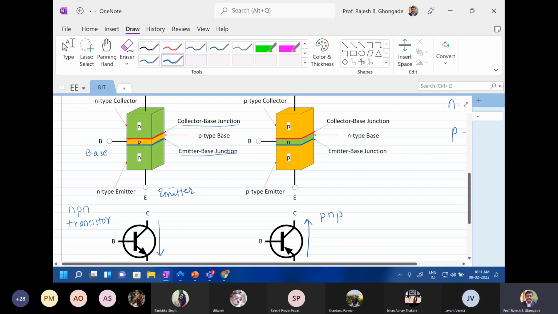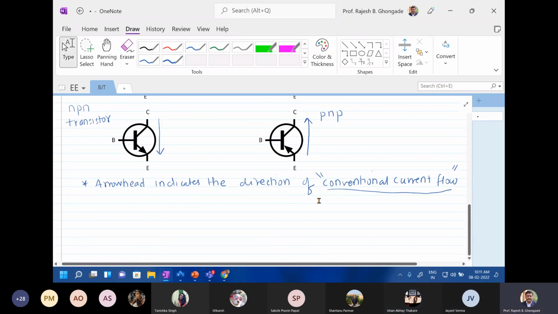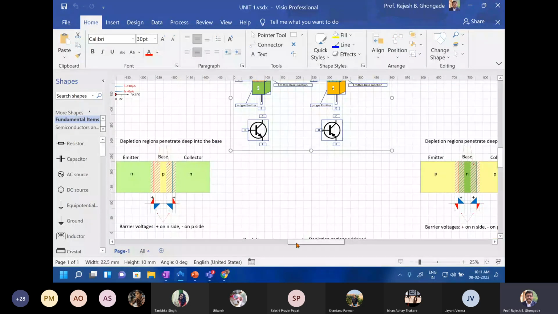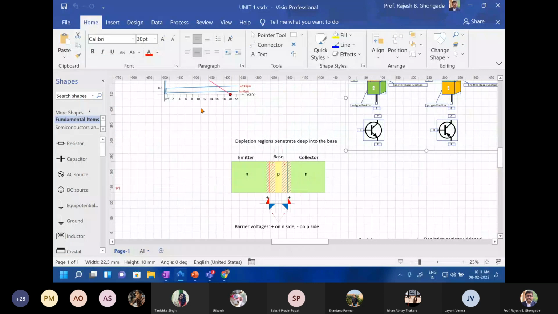Yes, sir. Is that fine? Yes, sir. So once you have the junction, what is the picture that emerges? Just let me get that picture over here.